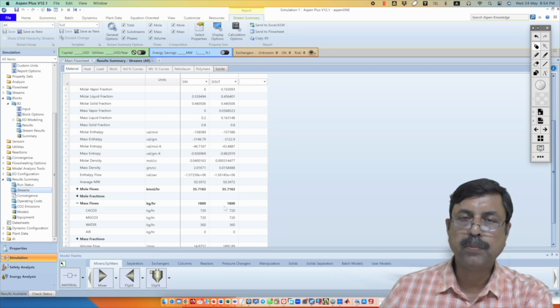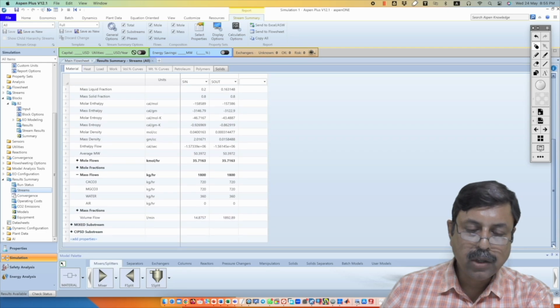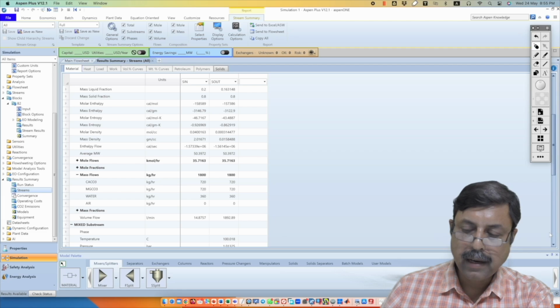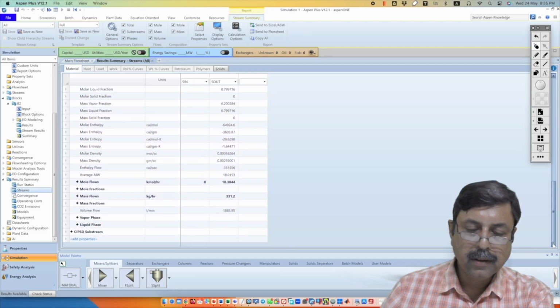Both input and output. From this data, you will not be able to conclude anything. You have to check the mixed substream and Cl PSD substream separately. This is the mixed substream and this is the Cl PSD substream.